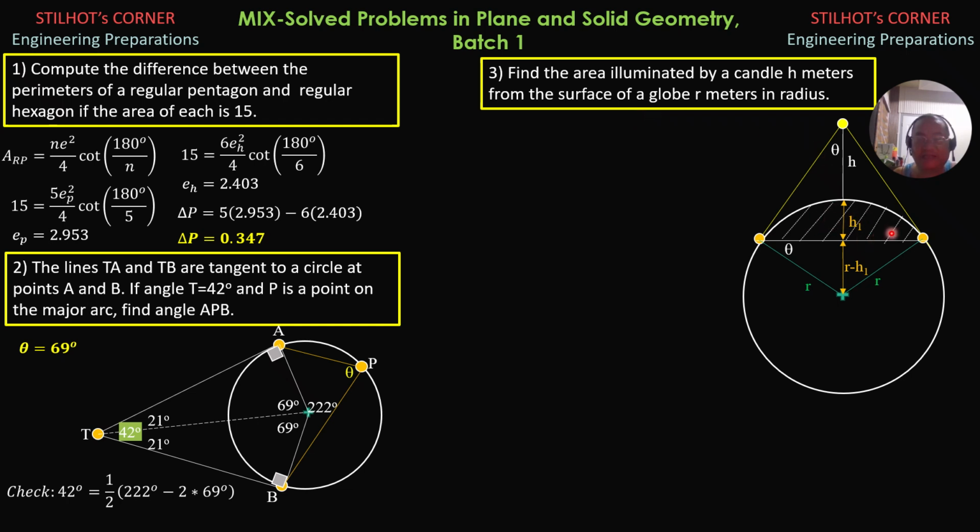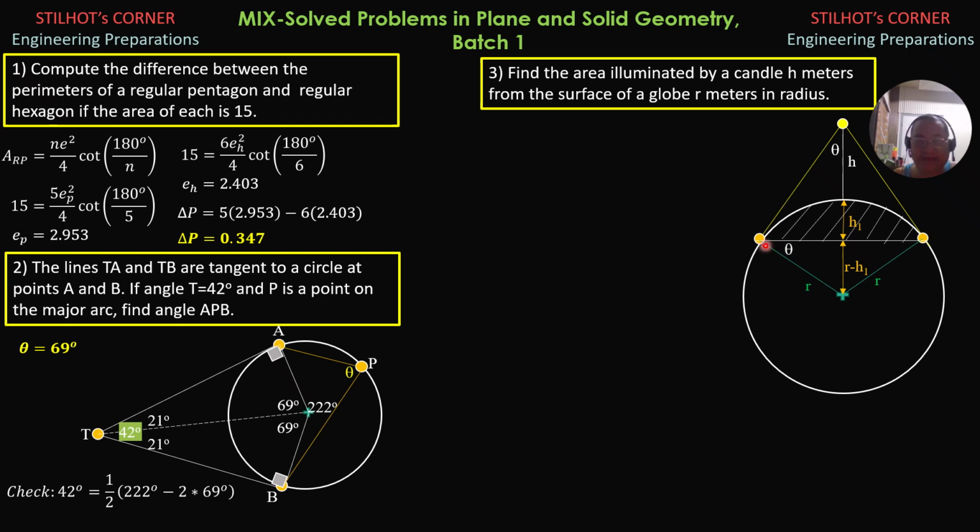This is the shaded area as shown, and I'll call the height h1. The zone area or area illuminated is equal to 2 pi r times h1. And we have similar triangles here. This big right triangle is similar to this small triangle here.